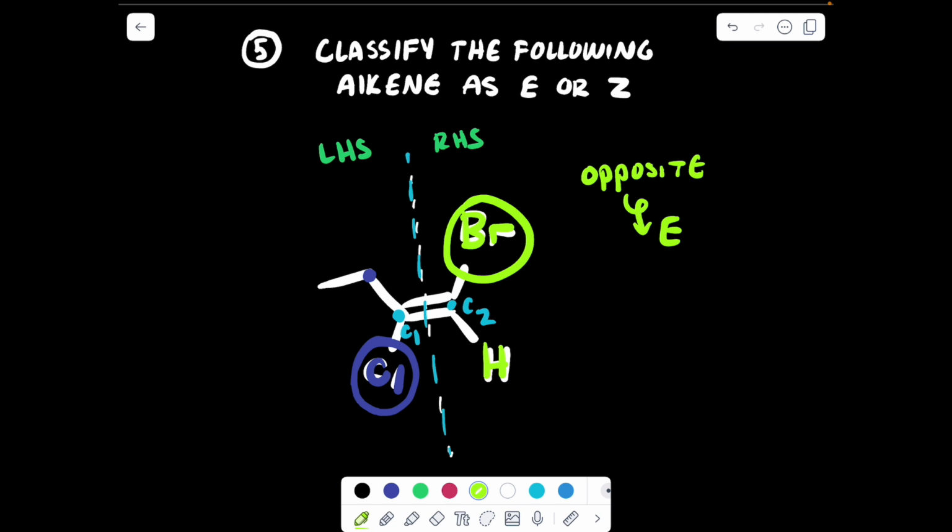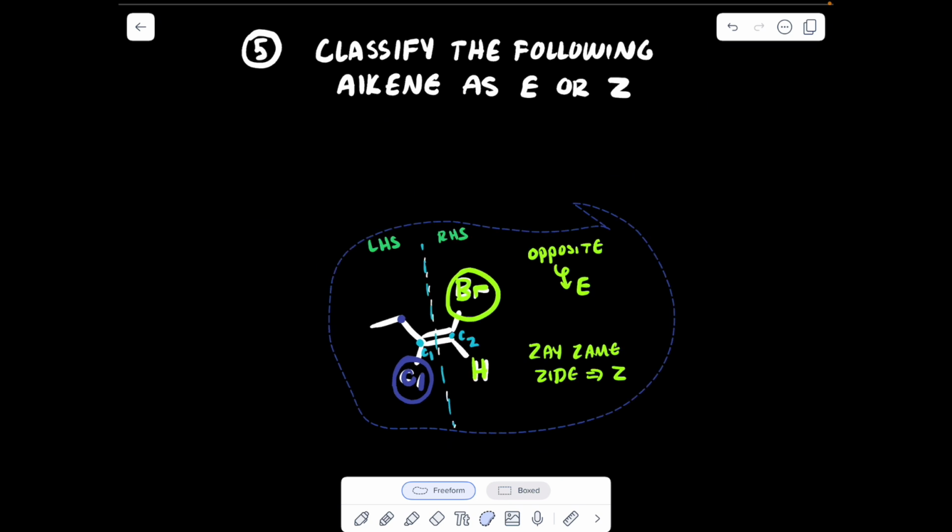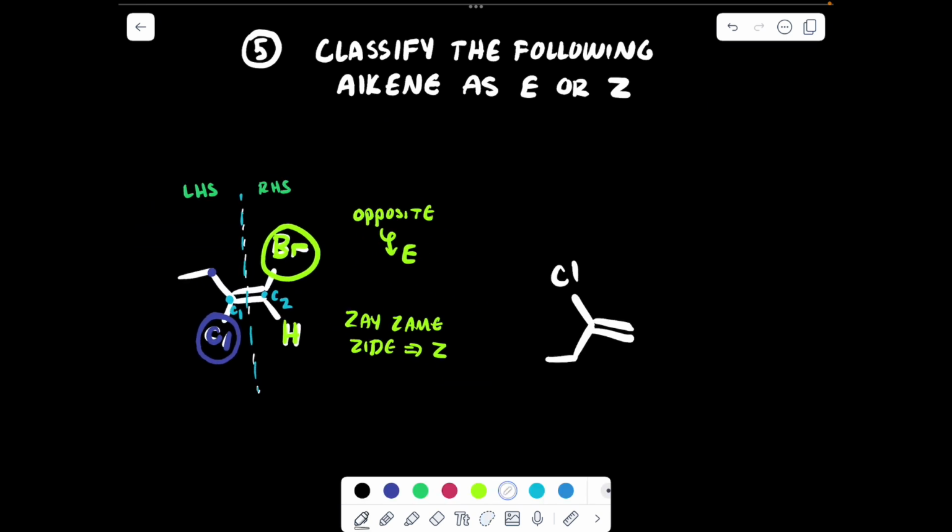The way I always remembered this, and how my professor showed me, is they are on the same side, is equal to Z. So how this would look if it was Z, I shall show you. And the bromine there.